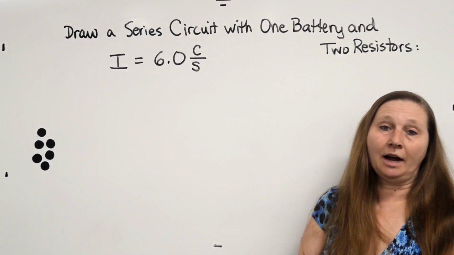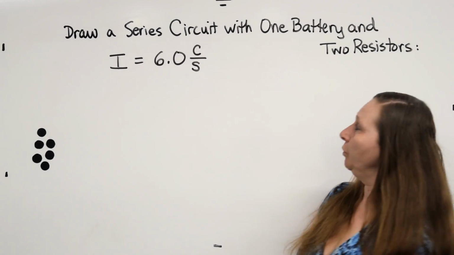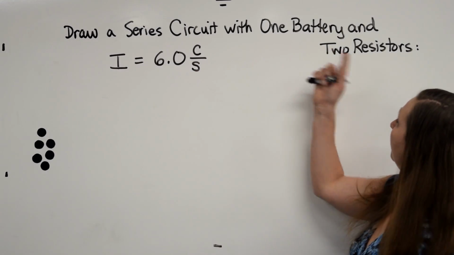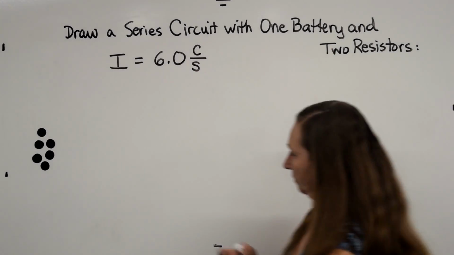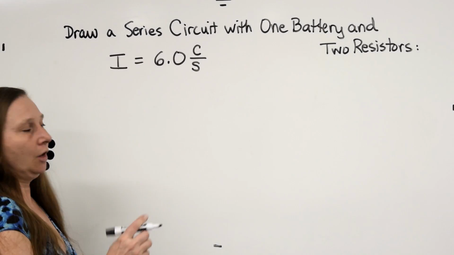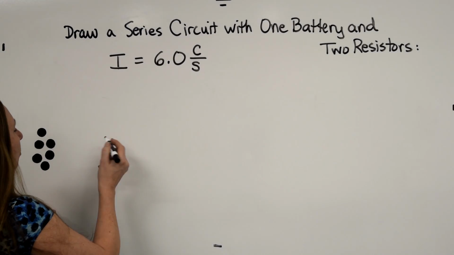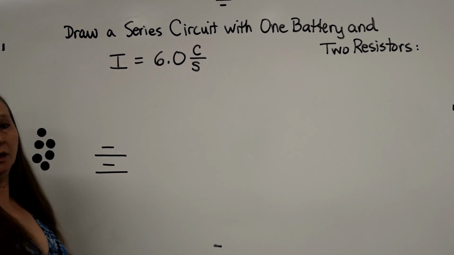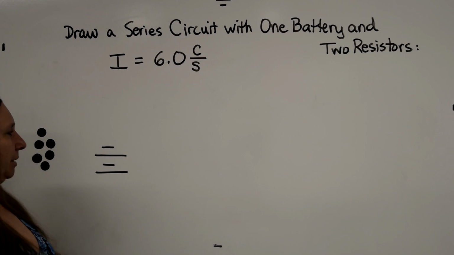We're going to draw our very first circuit. We're going to draw what's called a series circuit, a series circuit with 1 battery and 2 resistors. Now, if you remember, we said that a battery would look like this. There would be 1 cell and maybe another cell, so that's 2 cells making up a battery.